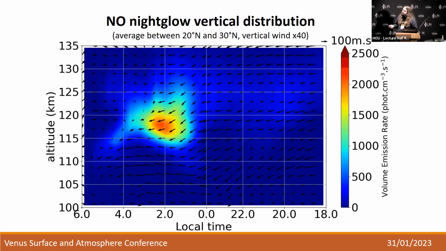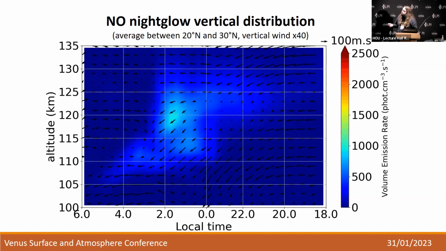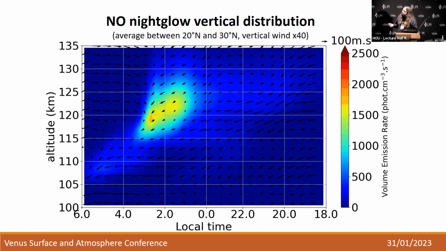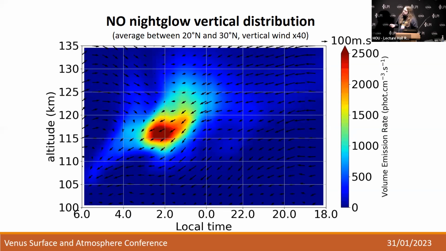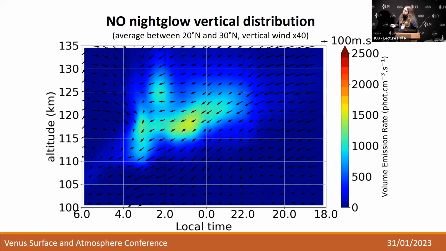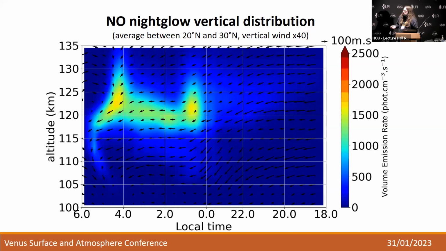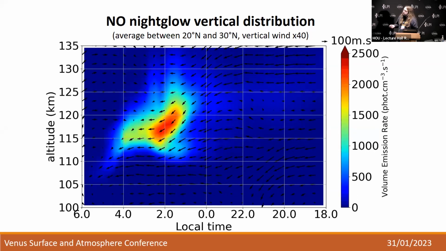It goes from 1,500 to 2,500 photons per cubic centimeter per second. And the most important thing you can see there is a strong correlation between the position of the bulge of the nightglow, the wind, and the altitude where the maximum is.